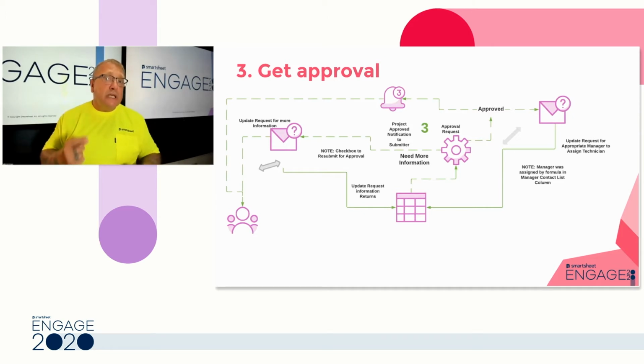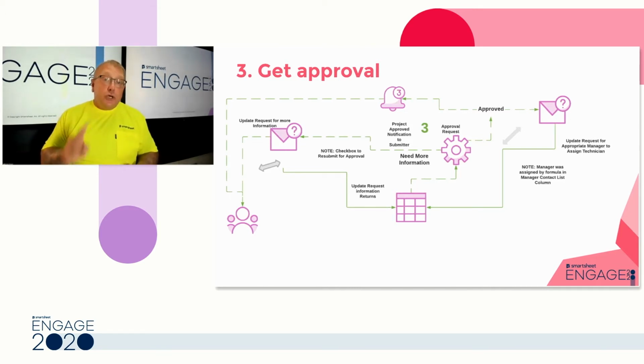So they can have that. And the only thing we have to really think about in that is how do we know when they resubmit that? What is going to tell us that? And we'll talk about that when I show you how the automation gets put together. The opposite side of that is what happens with an approval. When the person who is doing this, that could be also the office manager or someone else, says, yep, we're going to be able to do this task or this project.